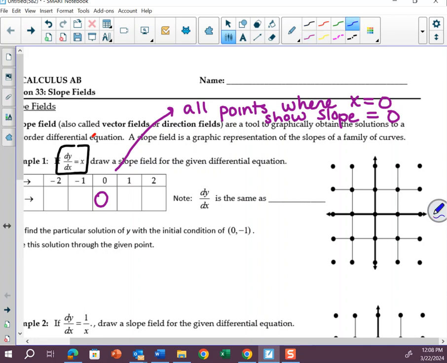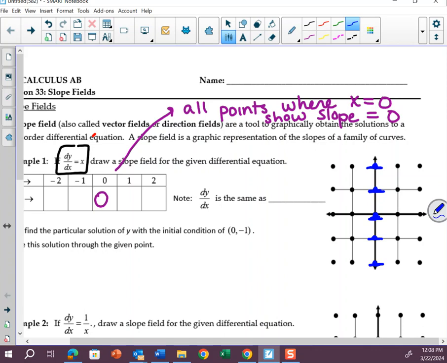All right, so if I'm where x equals 0, I'm on the y-axis. So all of the points that were highlighted here, those are all points where x equals 0. And so at each of those points, I'm just going to sketch a little line to represent a slope of 0.